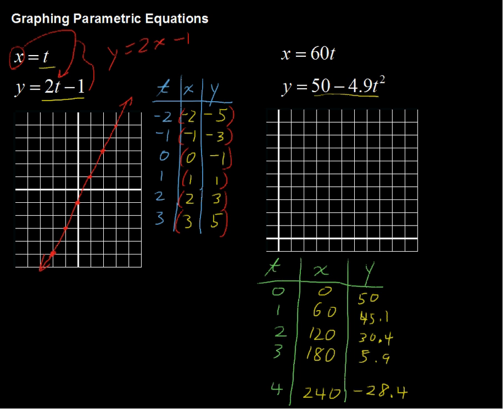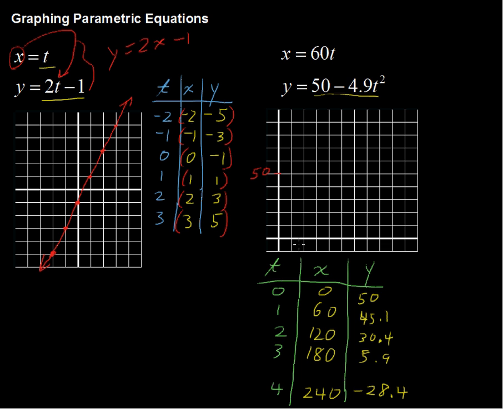Well, here's what's happening. The projectile is starting at 50 feet high. So how are we going to define this? The x and y scales are not going to be the same in this. So let's go by tens here. 10, 20, 30, 40, 50. So this is our 50 here. And the x coordinates are going to have to be scaled much larger because you can see x is much bigger here.